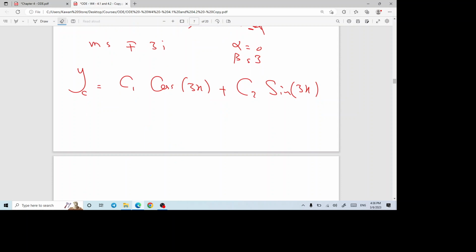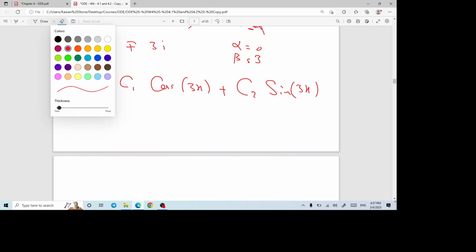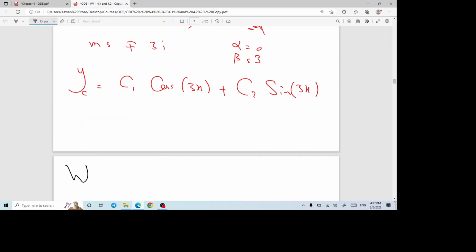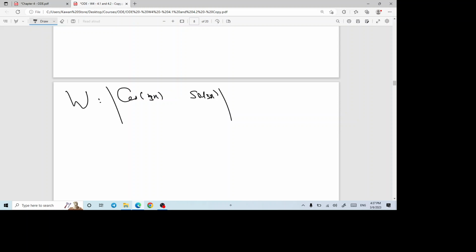Good. Now, depending on y1 and y2, I am going to make W. Help me. Cosine 3x, sine 3x. Derivative of cosine 3x is minus 3 sine 3x, and derivative of sine 3x is 3 cosine 3x. Am I right? Understood, dears? Good.